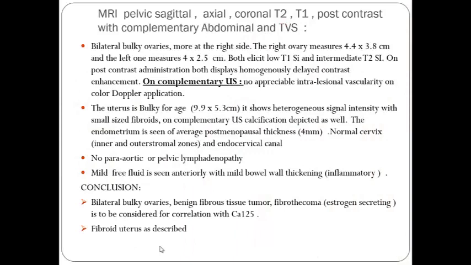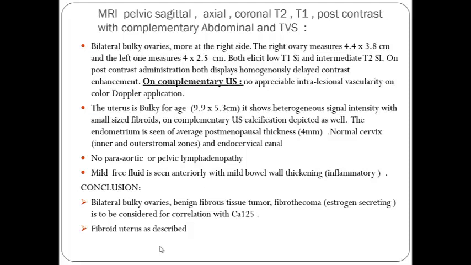So that was our report. Bilateral bulky ovaries, more on the right side, and there is no intralesional vascularity. They elicit low signal in T1 and intermediate signal in T2. The uterus is bulky. However, there is no definite focal endometrial lesion.